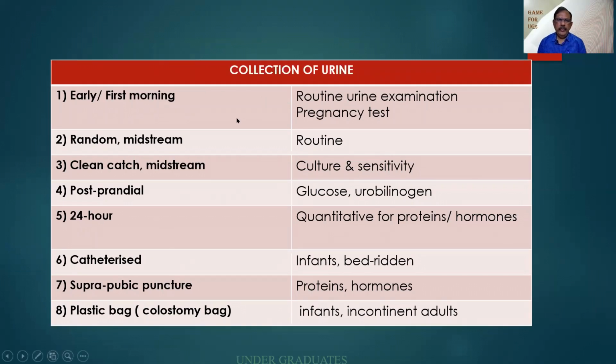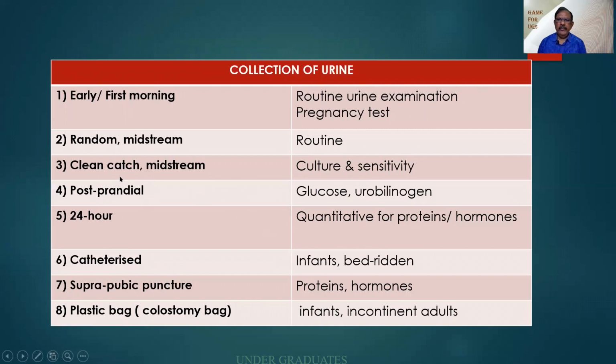So, collection of urine. There are various samples of urine that could be collected for a test. The early or first morning sample is for routine urine examination as well as pregnancy test. If the sample is given in the afternoon, a pregnant woman might show a negative test. Random and midstream, again for protein.